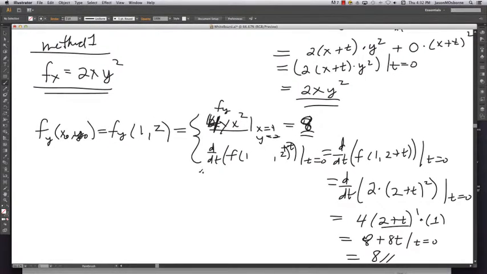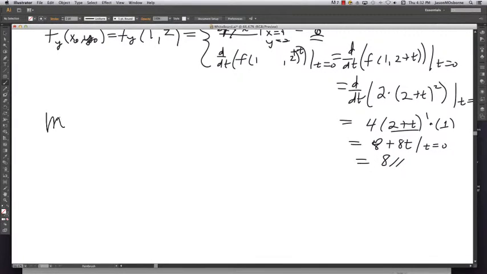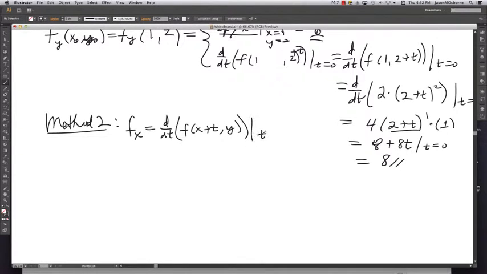Okay, so those are the two methods for computing partial derivatives. The second method for computing f sub x is the derivative with respect to t of your function evaluated at x plus t comma y, and then evaluated at t is equal to 0. If you then want to find f sub x evaluated at x naught y naught, you can just take your answer for f sub x and then evaluate it at x is equal to x naught and y is equal to y naught.